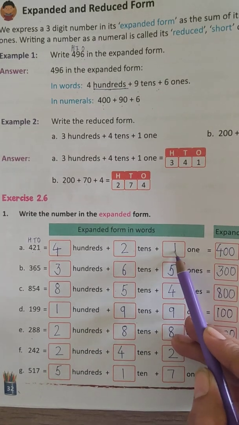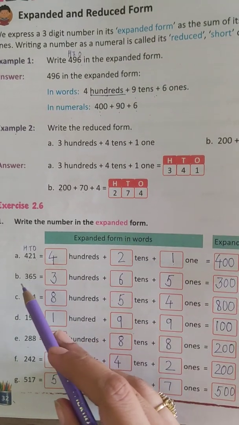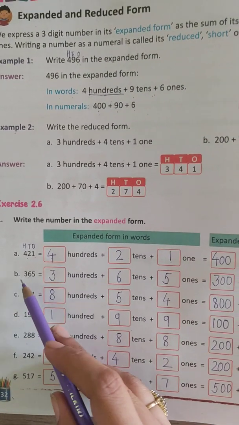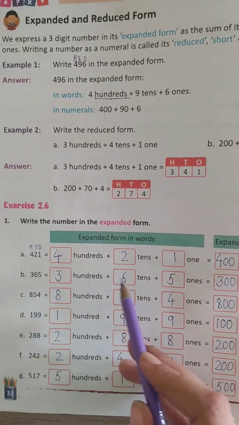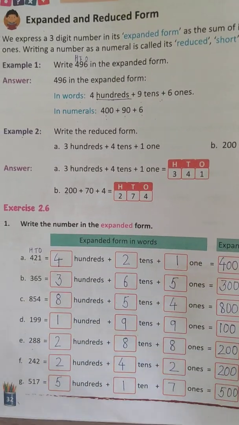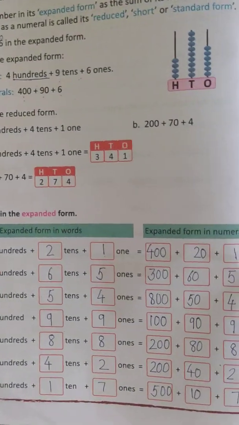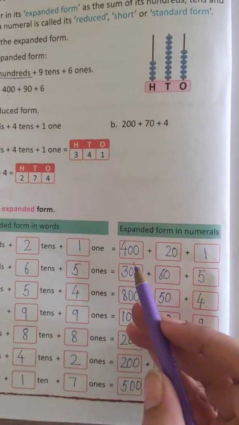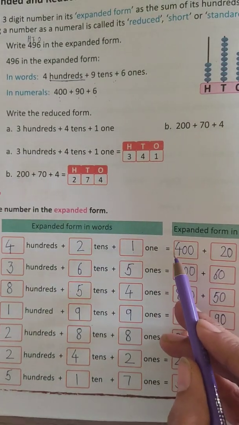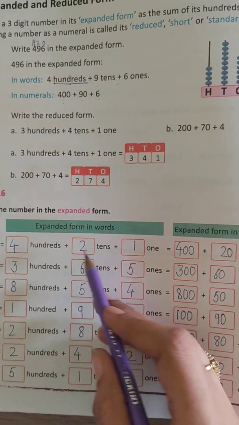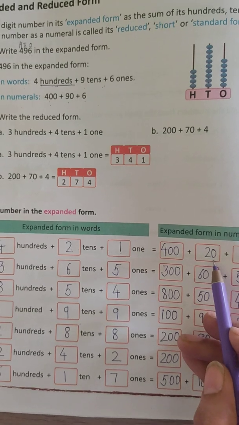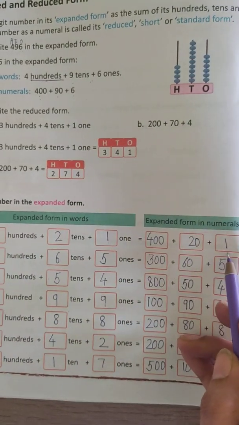Let me read the next part also for you, B part, which is 365. So 3 hundreds, 6 tens and 5 ones. Students, it's quite easy to understand this way. Let's understand the numeral forms also. 400 means 400, 2 tens means 20, and 1 means only 1.